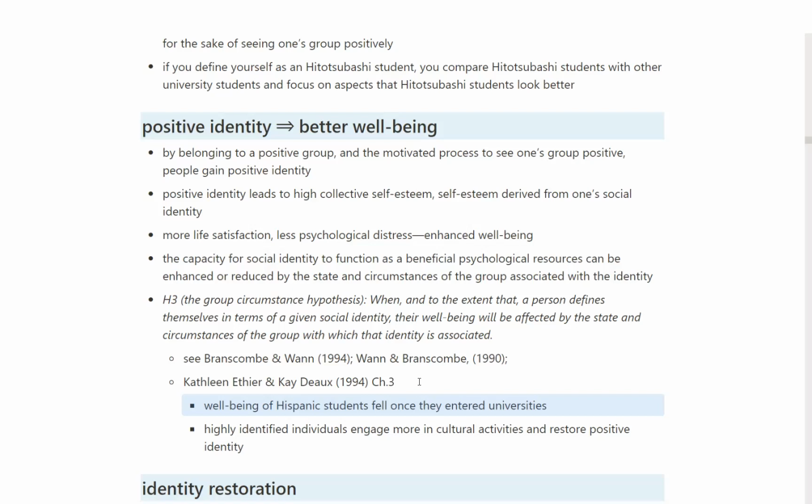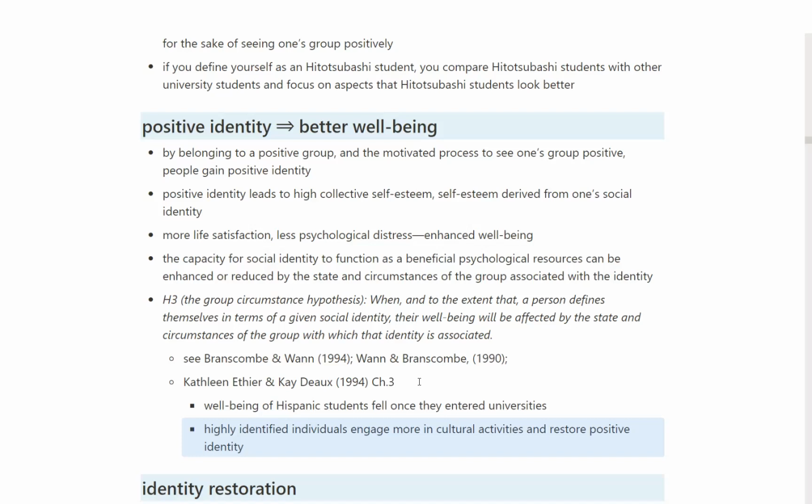But interestingly, highly identified Hispanic students, those who highly identified with their Hispanic identity, engage more in Hispanic cultural activities, and then restore positive identity.